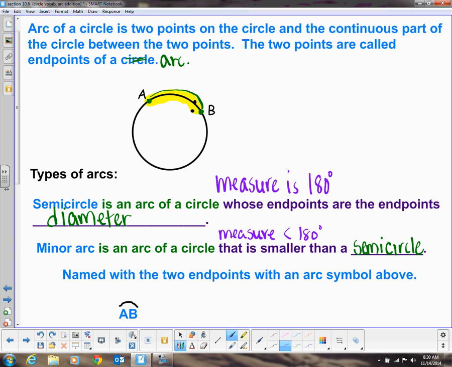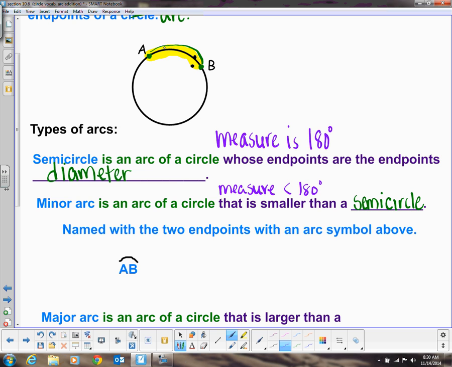Minor arcs only are named with the endpoints and an arc symbol above. So if I talk about arc AB, I'm talking about a minor arc, an arc that's smaller than a semicircle.